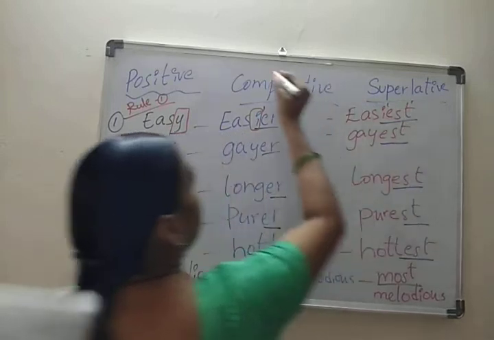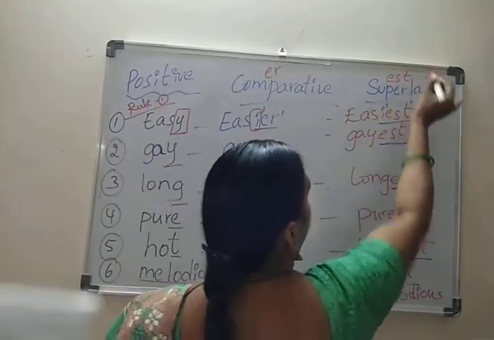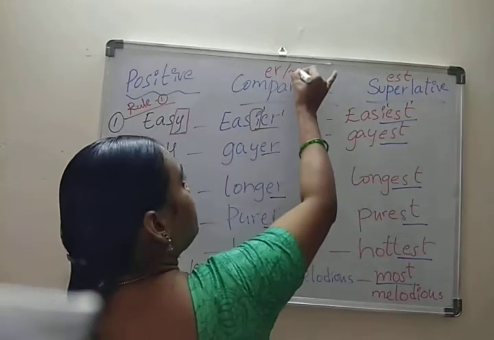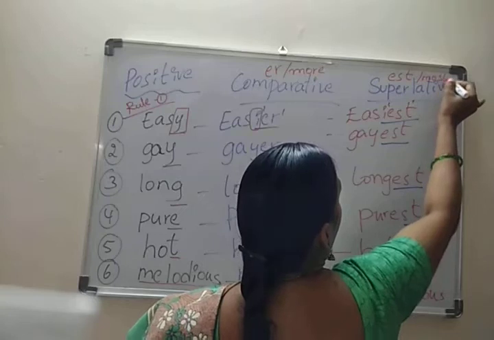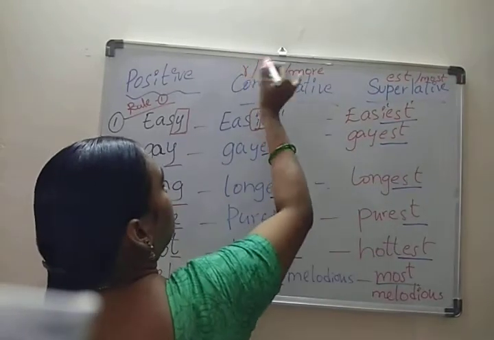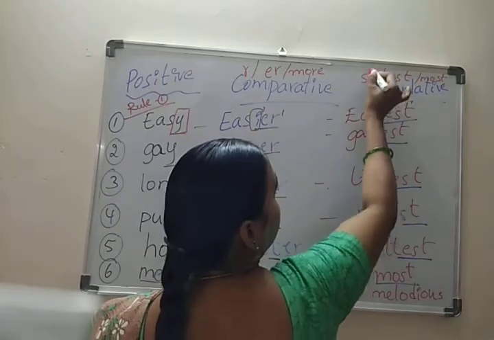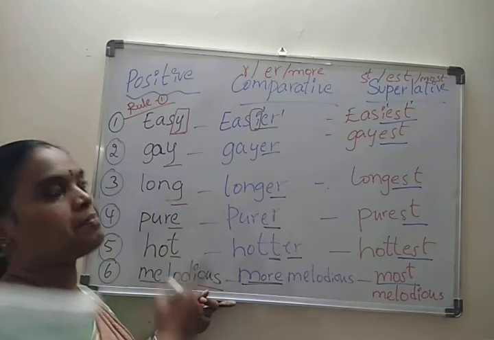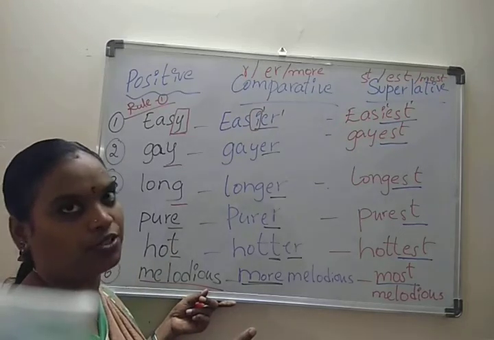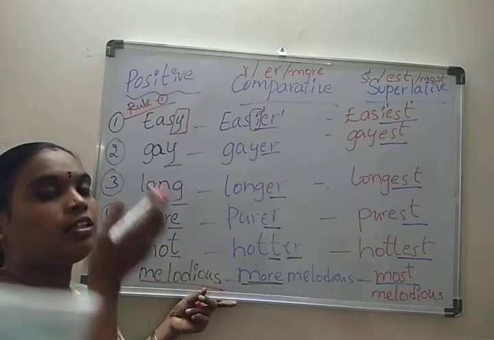So whenever in comparative any word, ER and EST, or more and most. R or ER, more and most, and ST. These only will be added to form the comparative and superlative whenever you change from the positive.